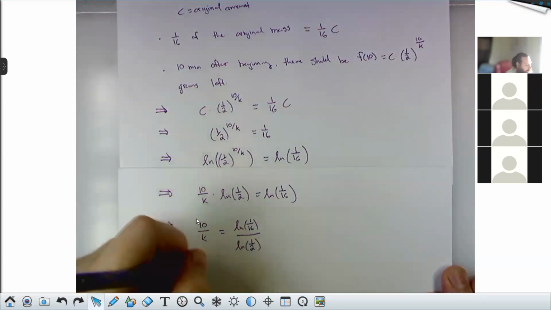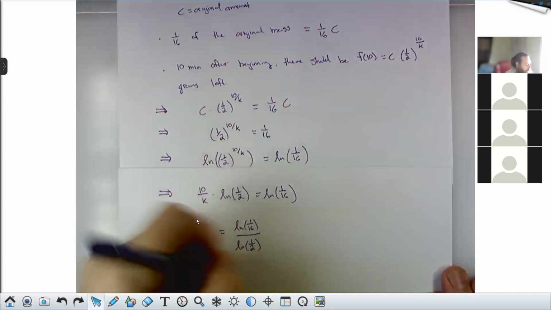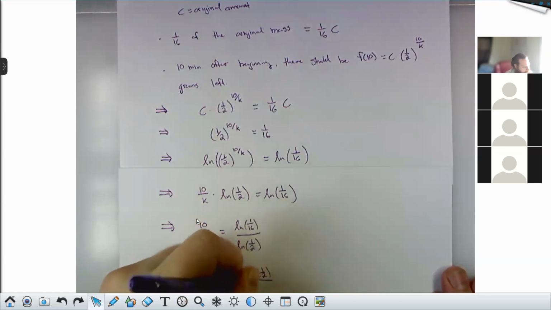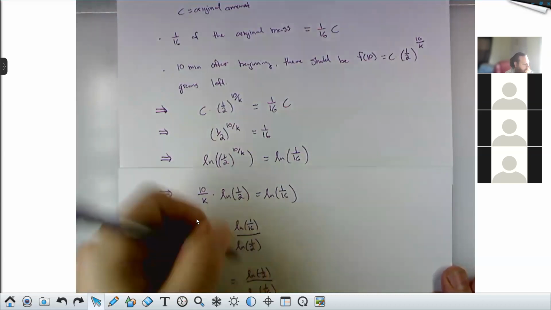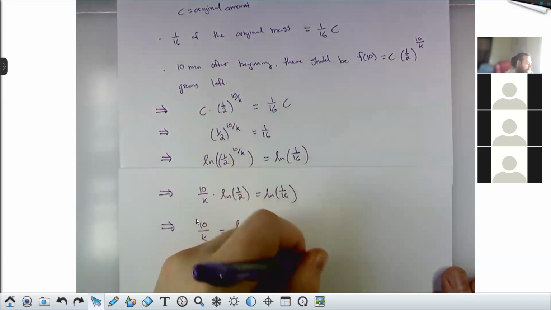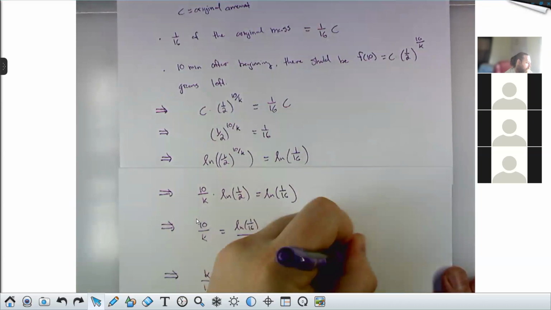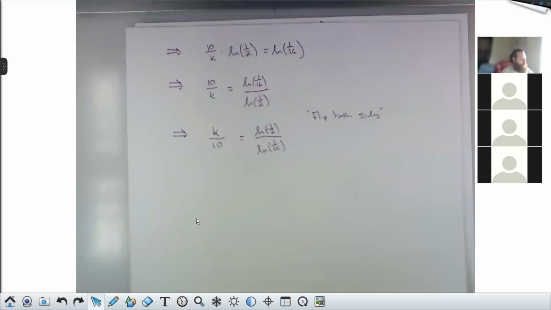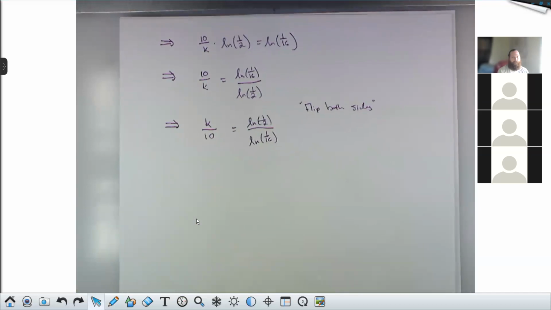That's a valid operation, taking reciprocals, or flip both sides. And that'll bring k up from the bottom to the top where I want it. Brings the 10 down here and just flips this whole ratio over. So now the natural log of 1/2 will be upstairs and the natural log of 1/16 goes downstairs. I just flip both sides.